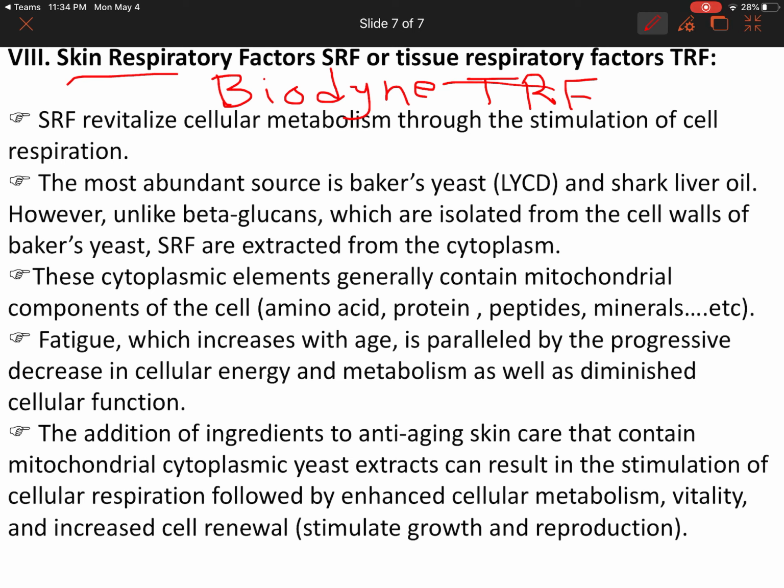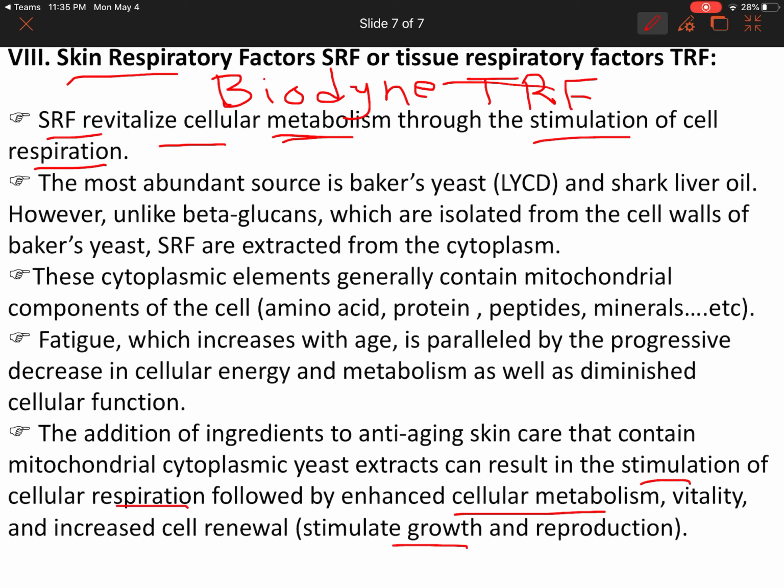Or if you know, for example, Preparation H, it also contains skin respiratory factor. Let's see this skin respiratory factor. From its name, it can revitalize cellular metabolism. How? Through the stimulation of cell respiration. It enhances cell metabolism, and it stimulates the growth and reproduction through the stimulation of cell respiration.